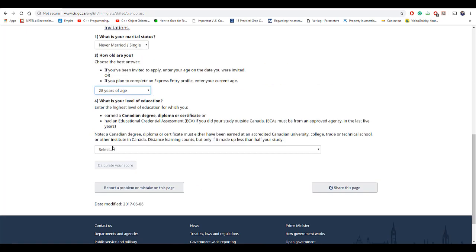And the next question is, what is your level of education? When you are talking about this, if you have completed your education in your home country, then you have to assess your degree certificate. Without doing that, the Canadian government will not be accepting your degree. So you need to apply for your credentials to be assessed, an educational credential assessment, at this center.